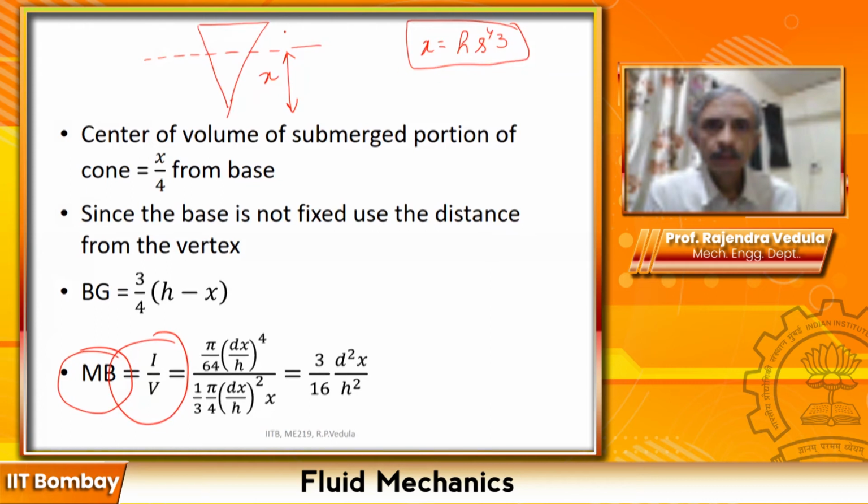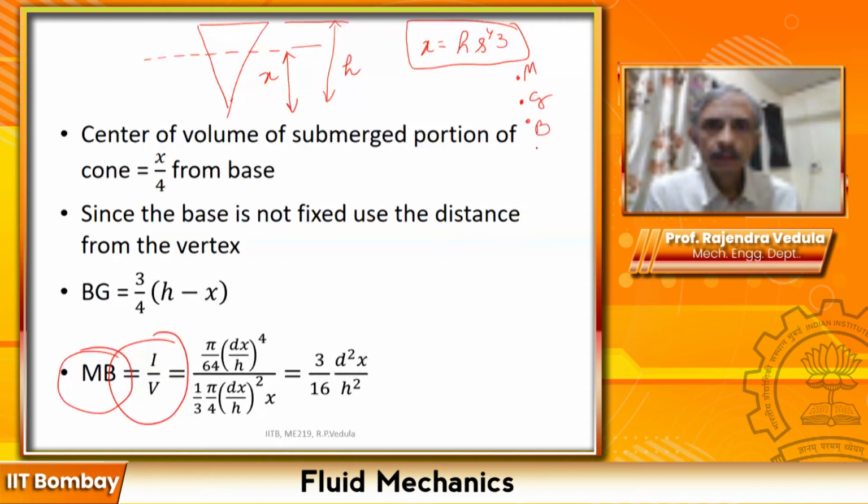So this is h. Where is going to be G now? We need 3 points: a G, a B, and an M.